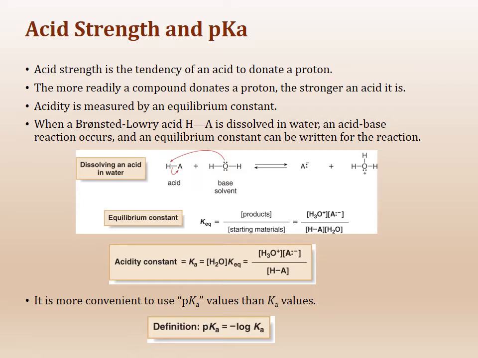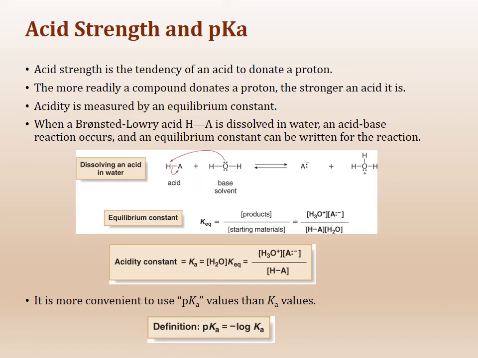So to predict whether a reaction is actually going to take place or not, we need to know whether an acid is strong or not, and whether a base is strong or not. I stick with one thing usually, the acid strength. The base strength kind of follows it. So we'll talk about that. But for now, let's talk about the acid strength, and that is related to pKa.